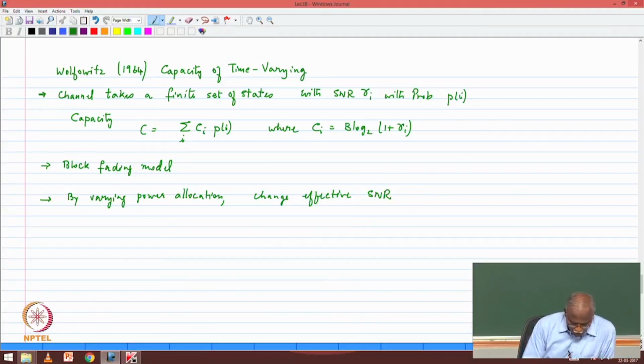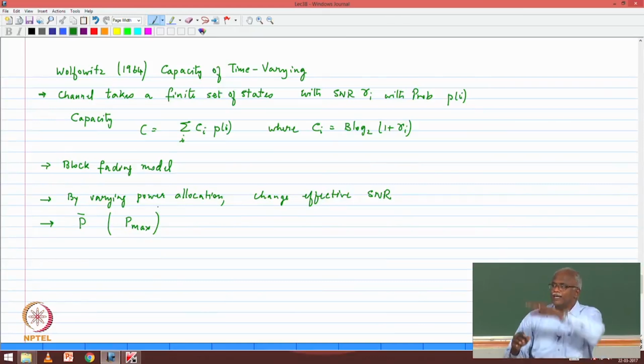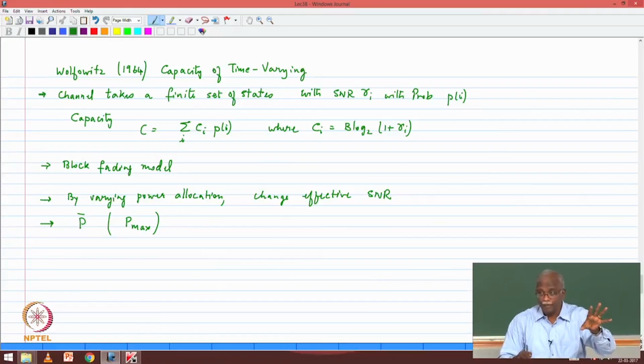Okay? So, but there is a fixed P average, P bar. We cannot exceed P bar. And in some cases, there may be a P max also, which means that you cannot suddenly apply a very large amount of power. So, basically there may be constraints, definitely there is a constraint on P bar, there may be a constraint on P max also.